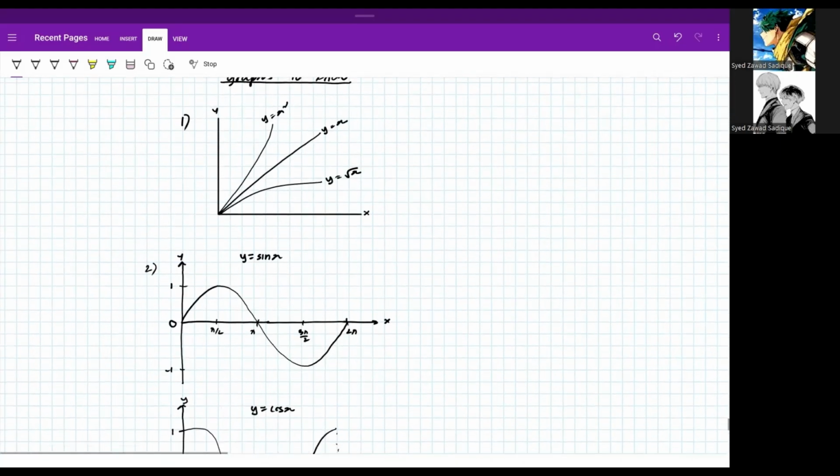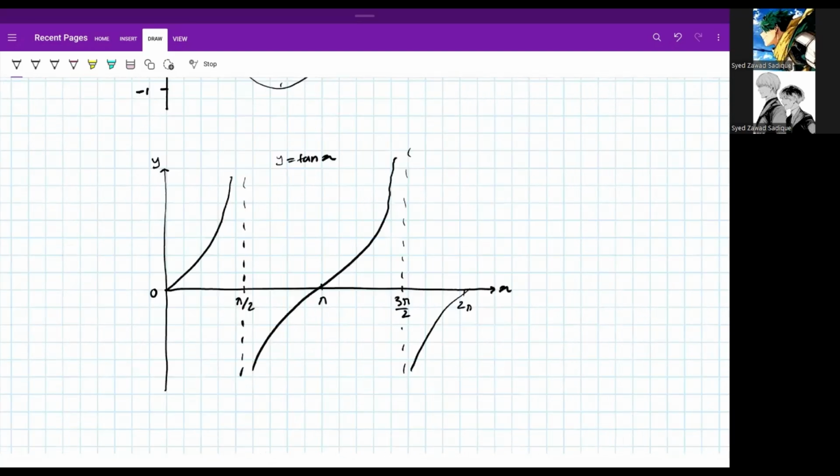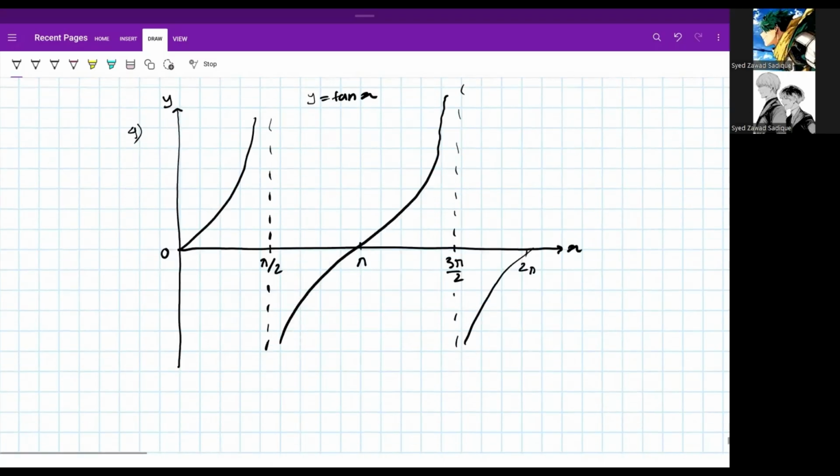So this is 2, this is of course 3, this is 4.